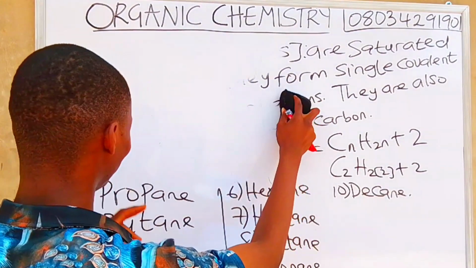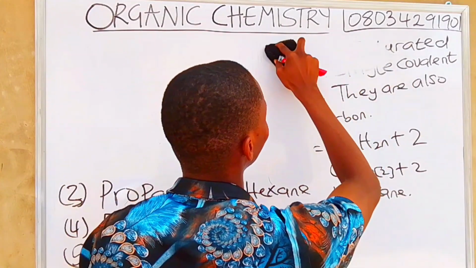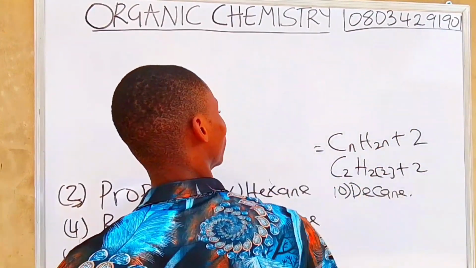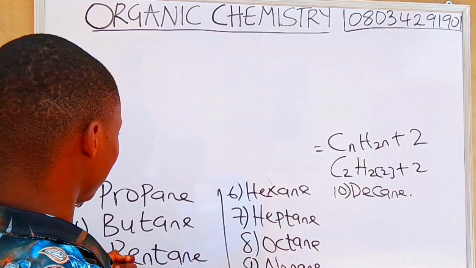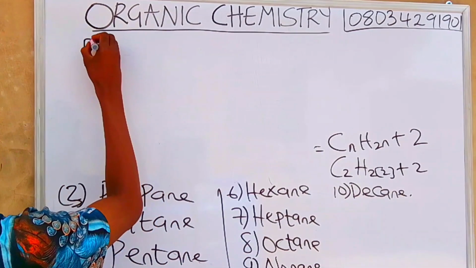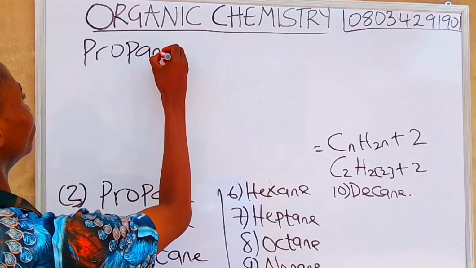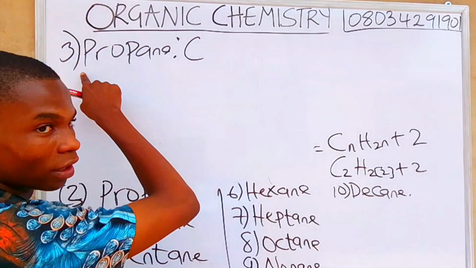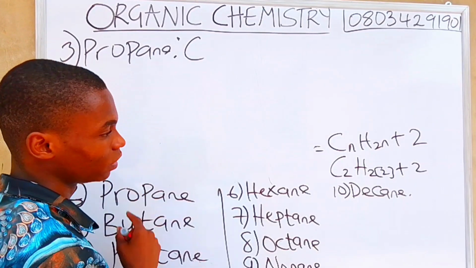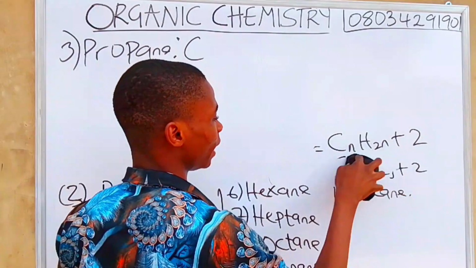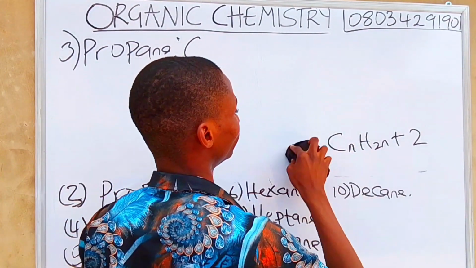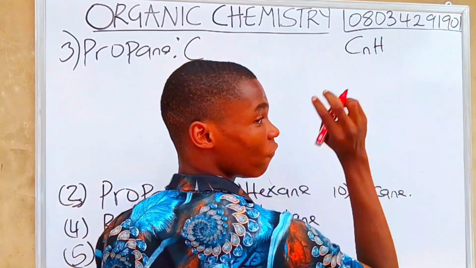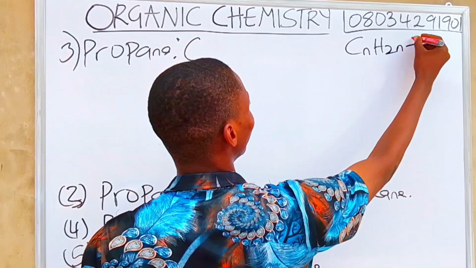I hope you know that butane is the simplest out of it. Propane has 3 carbon because it's the third member of alkane. So if we bring it here as usual, we know that our formula is CnH2n plus 2.